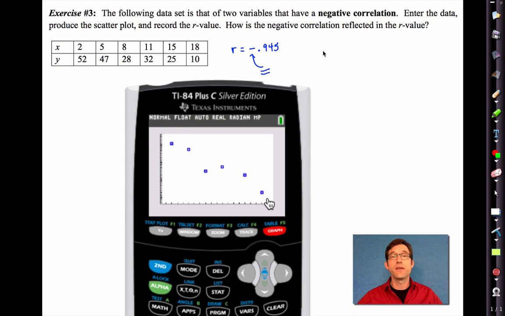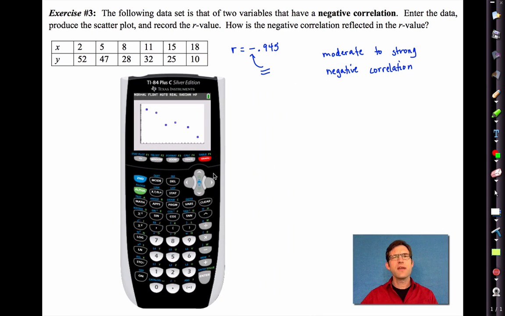In fact, you could say that that's a moderate to possibly even strong negative correlation. A moderate to strong negative correlation. So how's the negative correlation reflected in the R value?